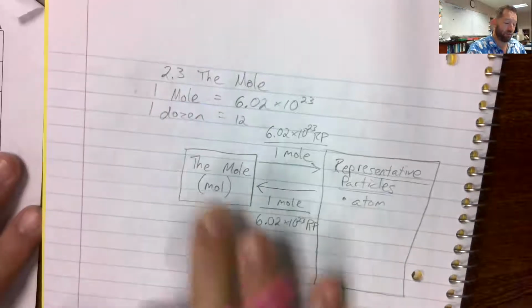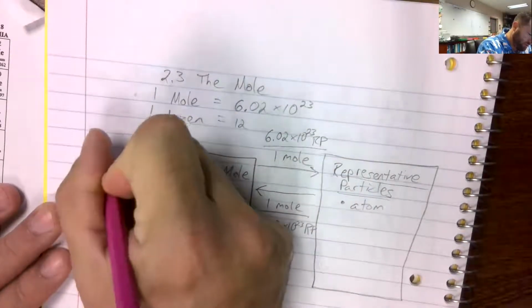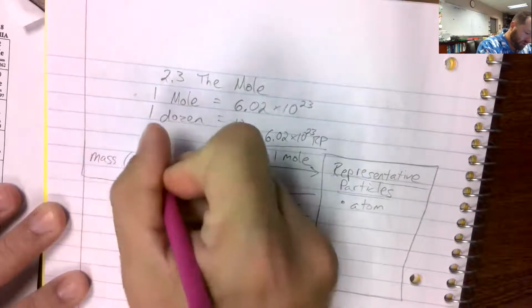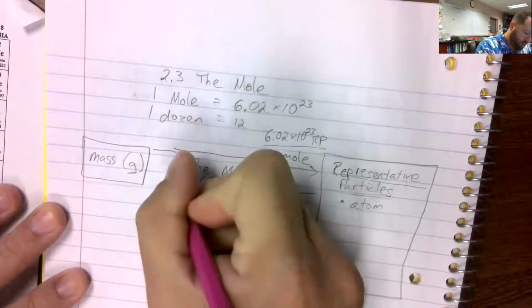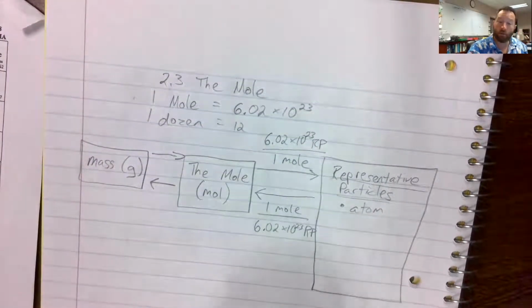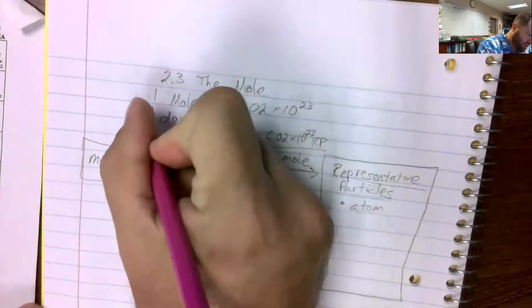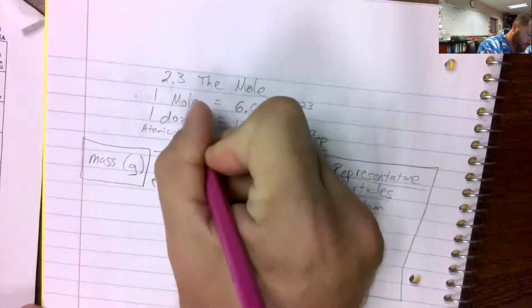Once you have the mole, then you can take it out and go to, oftentimes, mass. Now we'll go to other things later in the year, but for right now, we can go to mass. Now, the way that we do that is we use the periodic table, and we use the atomic number.